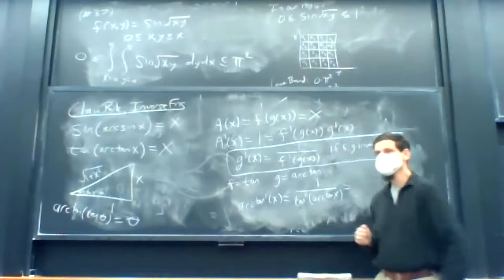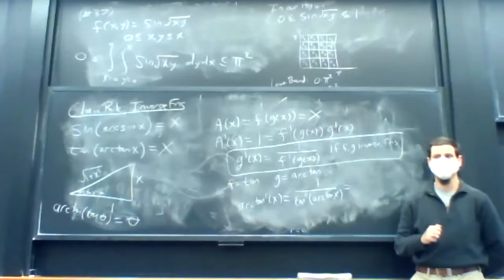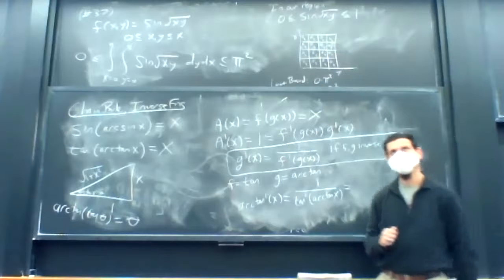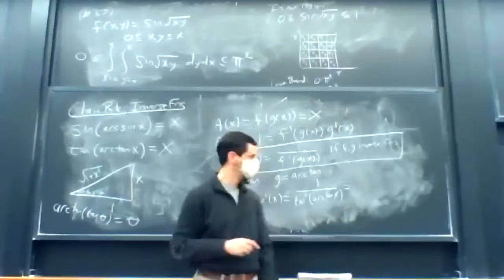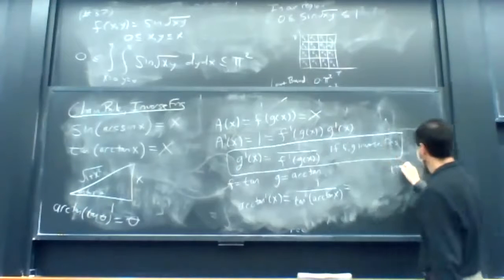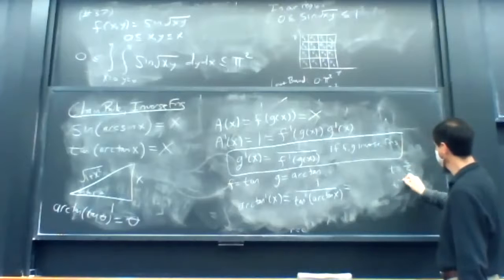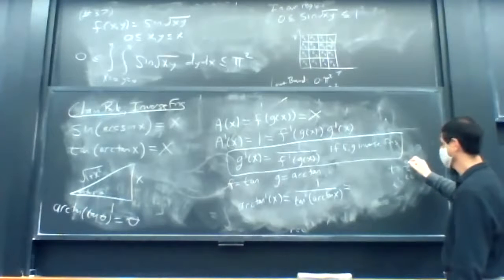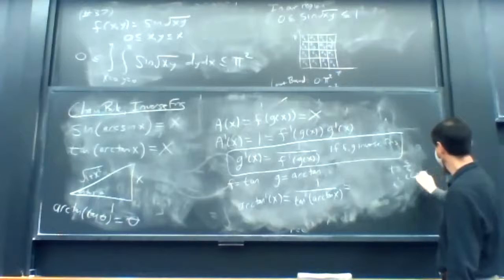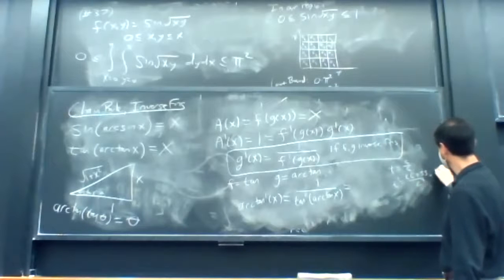Does anybody remember what the derivative of tangent is? I always have to rederive it. The tangent is sine over cosine, so using the quotient rule, the derivative of sine is cosine, cosine times cosine minus sine times minus sine, over cosine squared. That's one over cosine squared, so the secant squared.